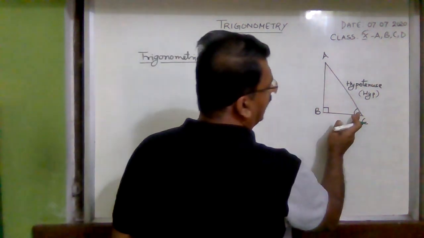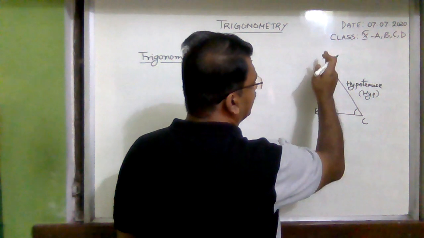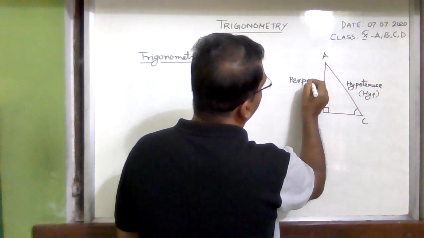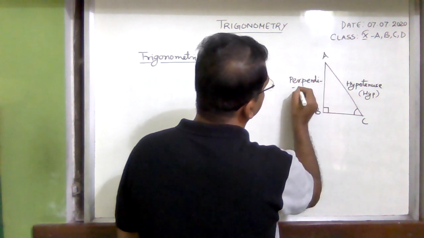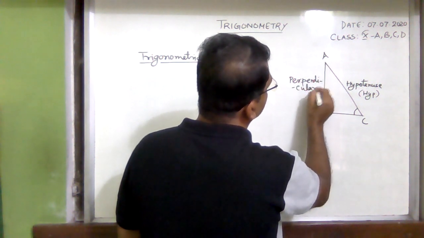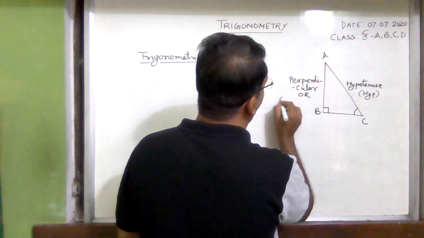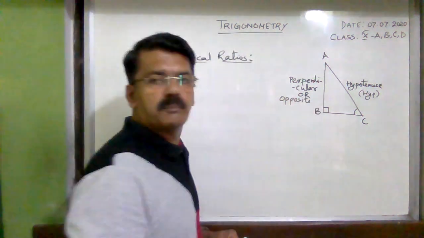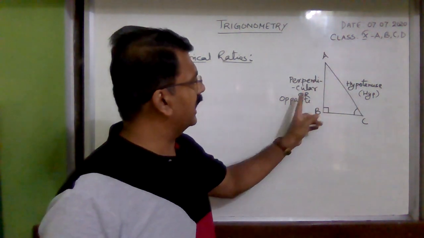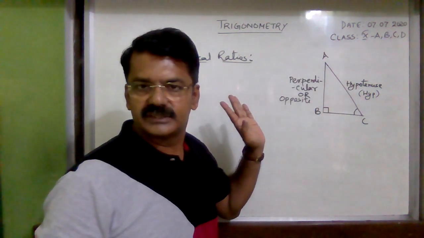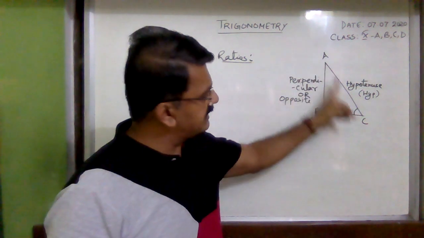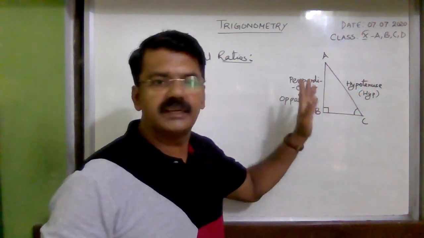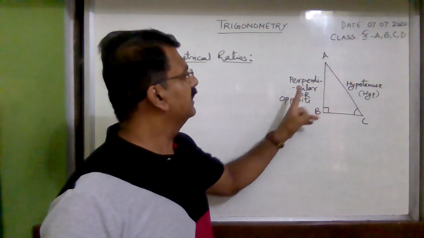Now, if angle C is the reference angle, then AB is called the perpendicular or opposite, as it is opposite to angle C. Clear?